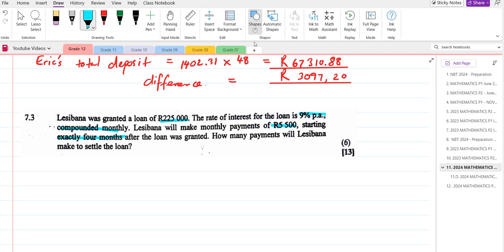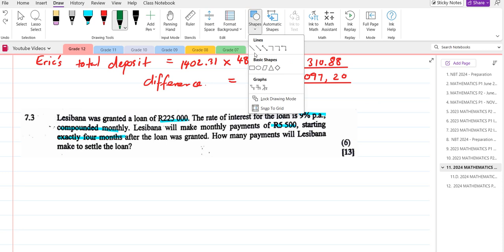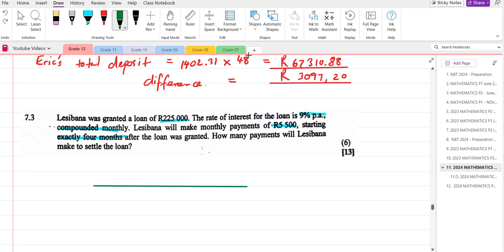Very important what you need to do here. Remember, the loan was granted here, payments only starting after the 4th month. So the loan was granted here of 225,000. No payment at 1, no payment at 2, no payment at 3.